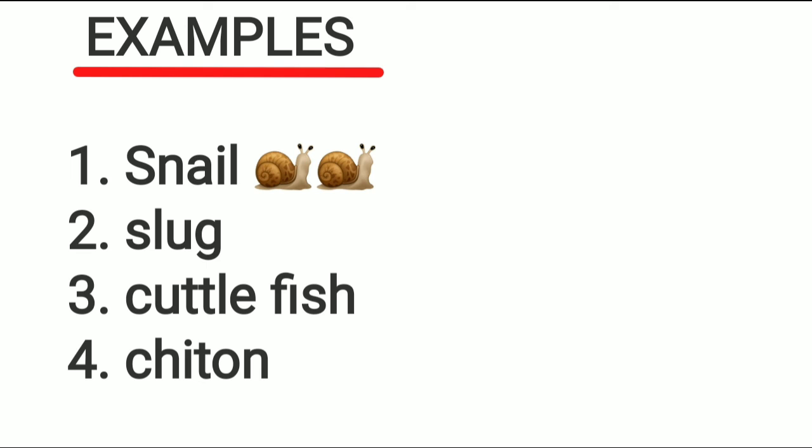We had seen the snail in our surroundings, and a slug is also like a snail, but it doesn't bear any shell. But a special feature of the snail is that it bears a shell.